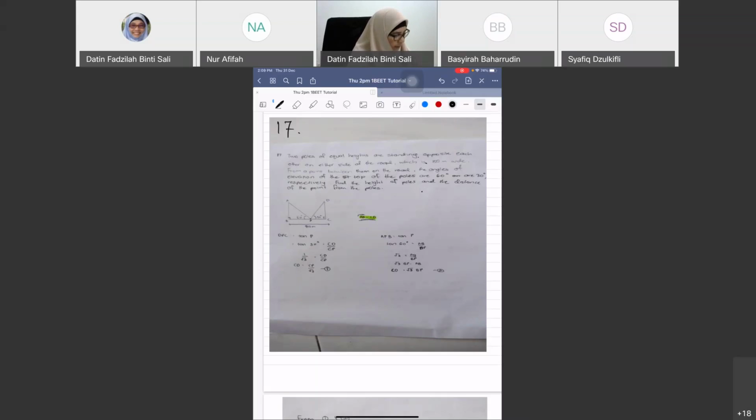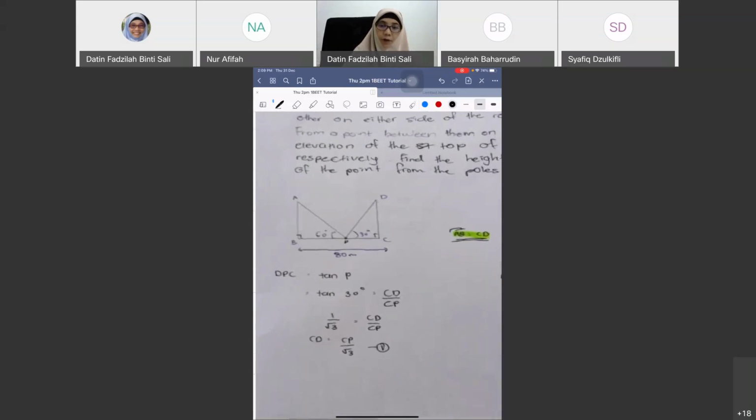From a point between them on the road, the angles of elevation to the top of the poles are 60 degrees and 30 degrees respectively. Find the height of the poles and the distance of the point from the poles. Let's look at the diagram here. I hope everybody can see this.